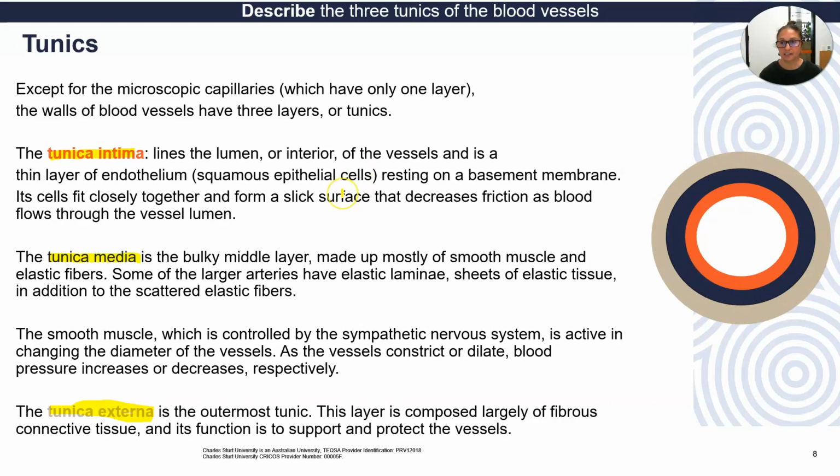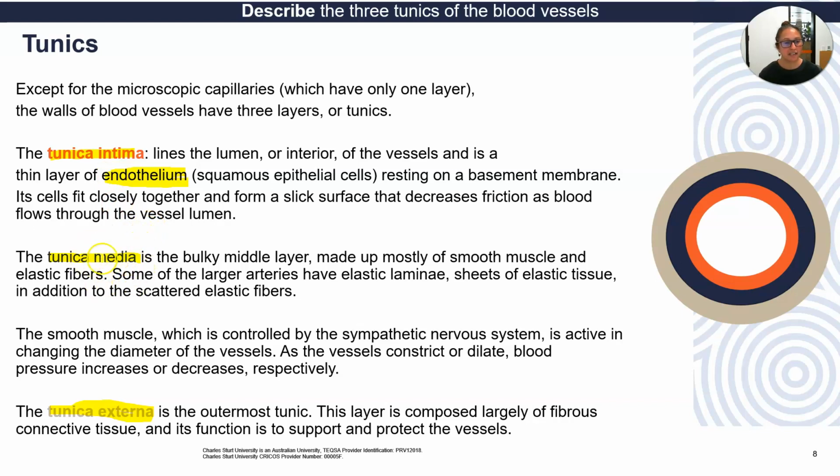So we're going to have a look and see how that differs with all of the different blood vessels. But just to get a general idea of what's in each layer, let's just have a look. The tunica intima, which is the innermost layer, is made up of endothelial tissue. Remember we saw that before when we were looking at tissues?